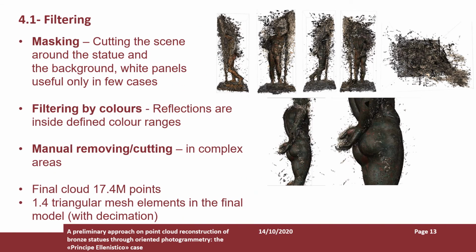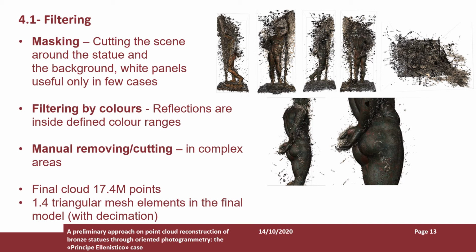The first filtering operation on the point cloud was an operation of masking, that means the cut of the scene around the statue and all the background. As mentioned, the usage of white panels in the background was possible only for some of the photos. In the other cases, the dark background could lead to wrong reconstruction of points outside the model.